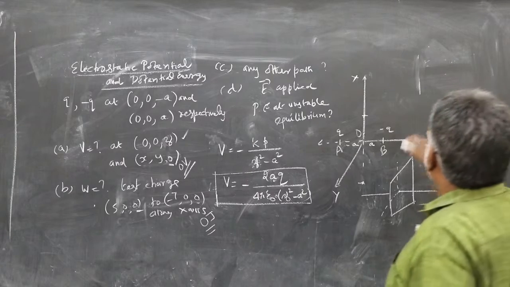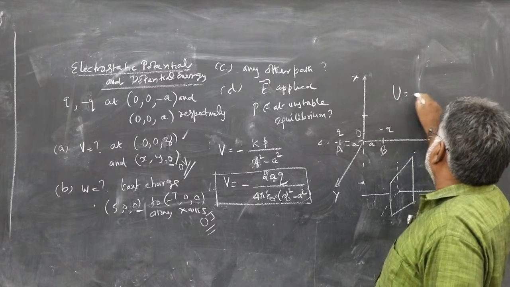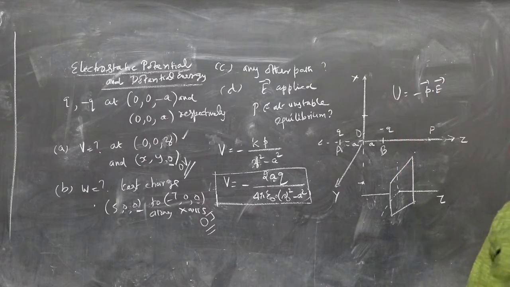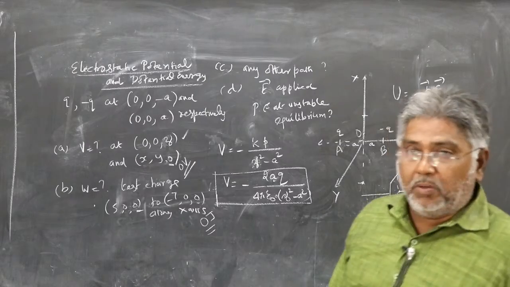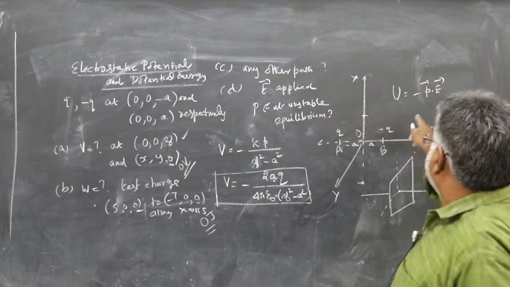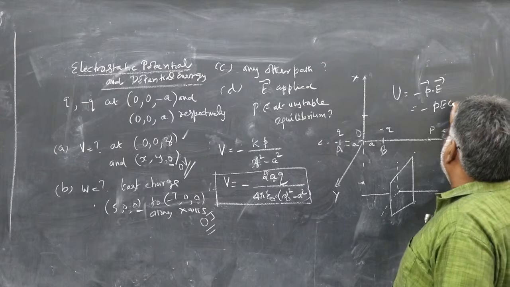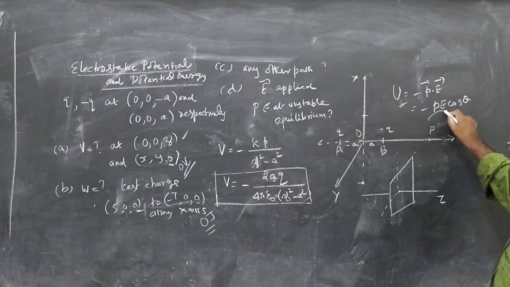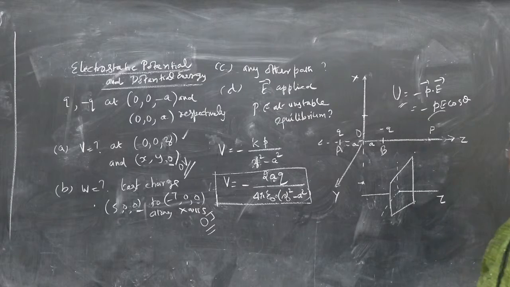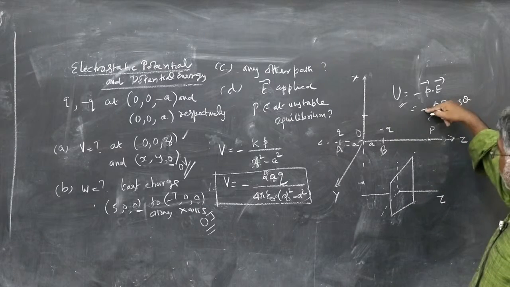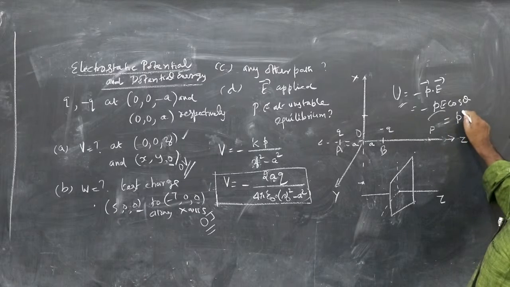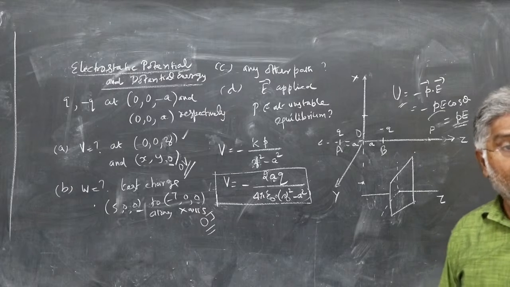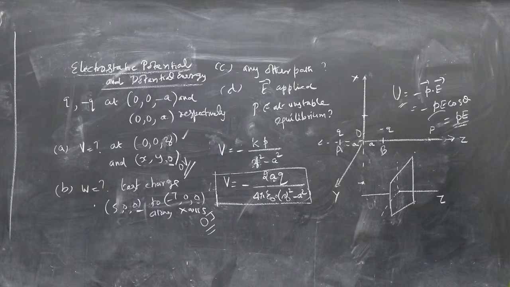You know the potential energy formula: U is minus P dot E. Unstable equilibrium potential energy should be maximum. Actually this is minus PE cos theta. The maximum value will be PE, that is, theta should be 180. Cos 180 is minus 1. So the potential energy will be maximum, and that corresponds to unstable equilibrium.